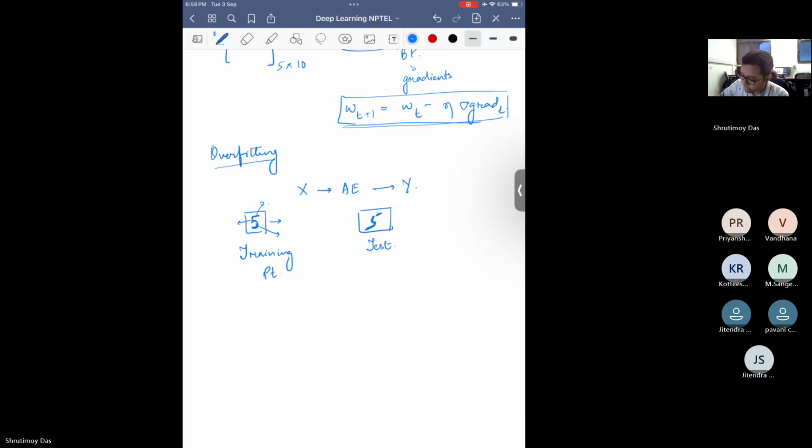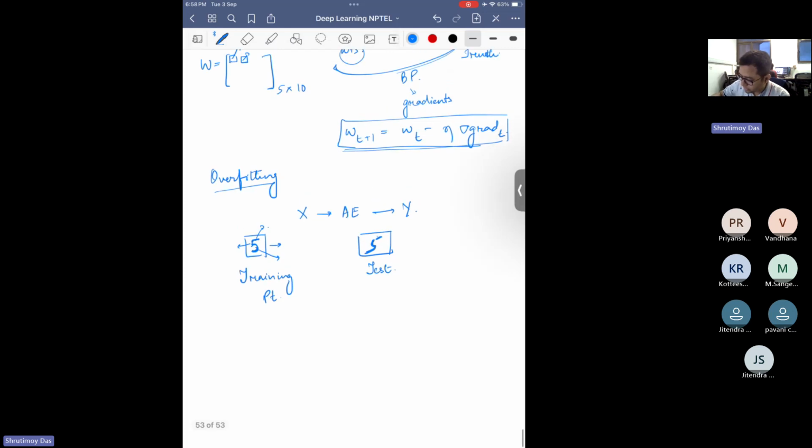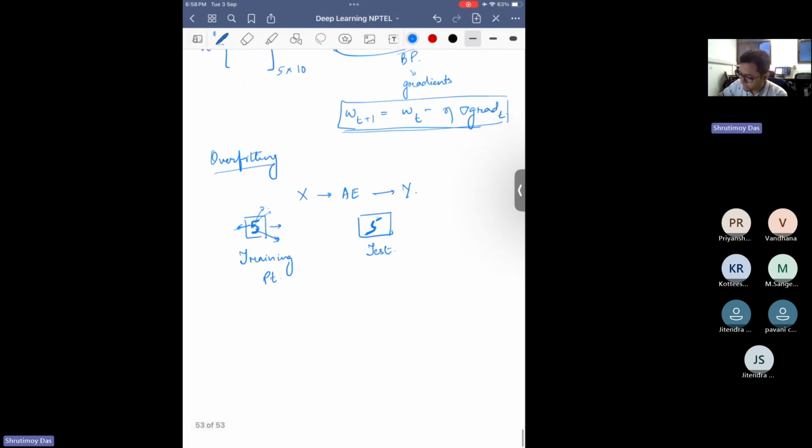Because if we give only these good images, it will try to assign weight. So it will say that this is a very high weight, this is a very high weight, and this is a very high weight. That is, these are the most important features that the image can have, right?